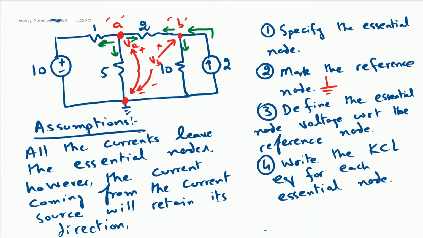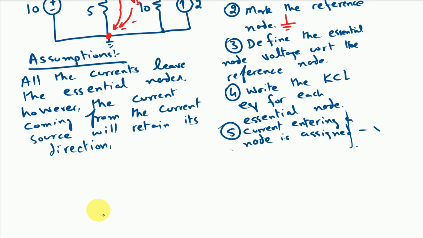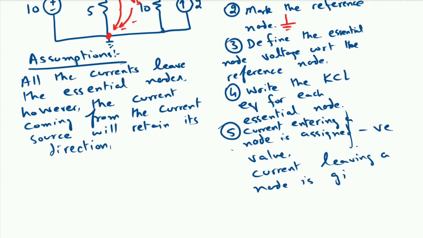We further assume, following the convention, that current entering a node is assigned a negative value, whereas the current leaving a node is given a positive sign.